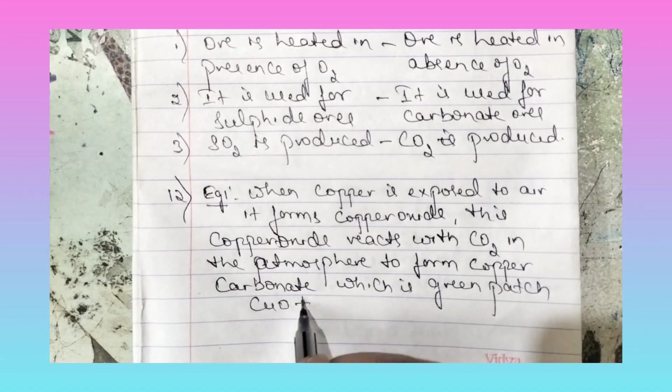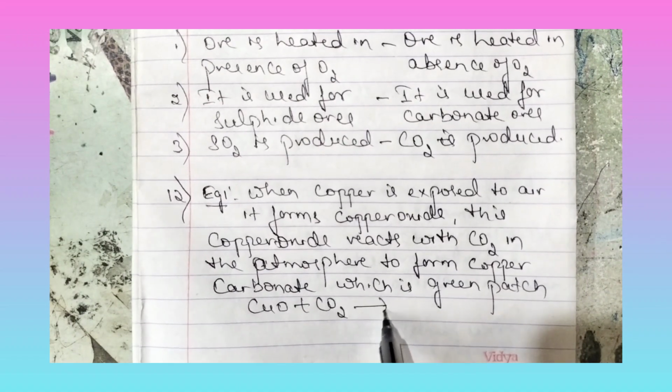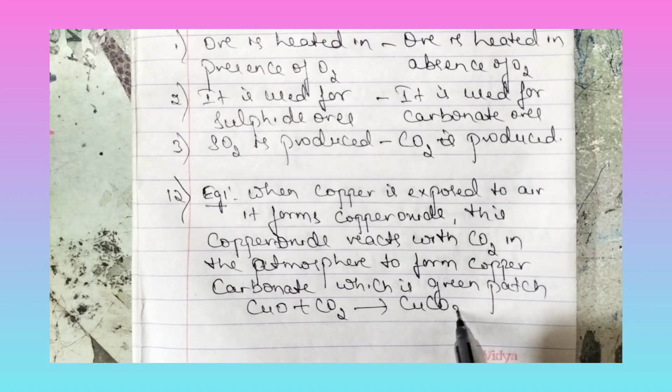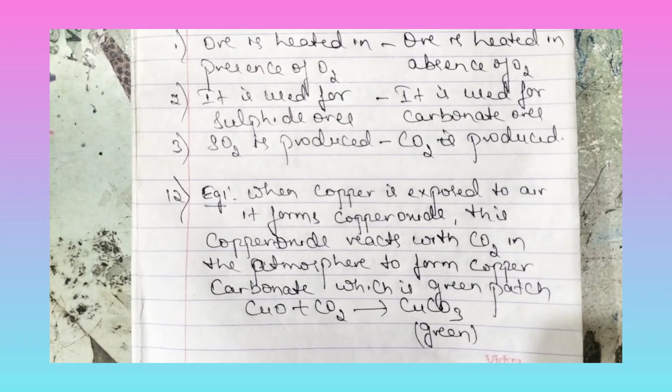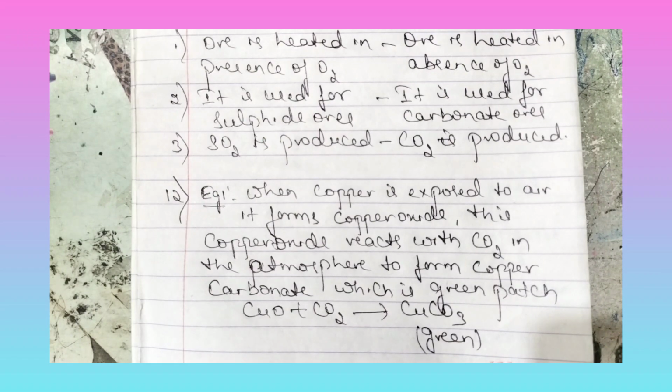CuO plus CO2 gives rise to CuCO3. The CuCO3 is green in color. The green patch is corrosion.